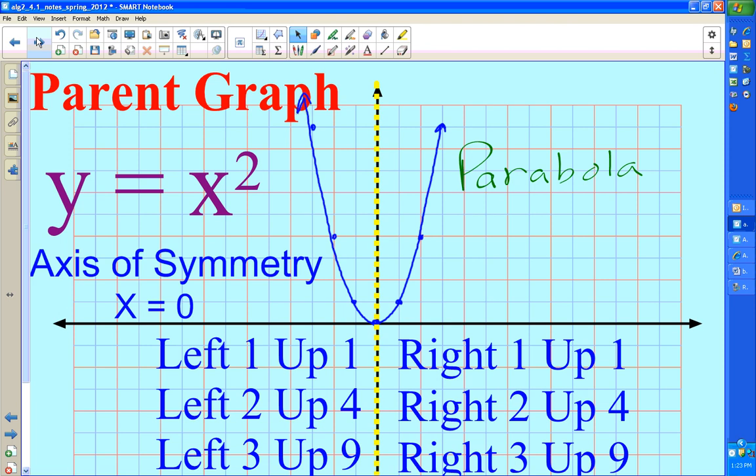Always a V. Almost everybody, except for 2 or 3 people, can graph absolute values and get a V shape. But we still have 3 people who can't do that. Anytime you have a quadratic, you have to get a parabola. In this class, the parabola has to either open up, like this one, or open down. It can't open sideways. Not in this class.